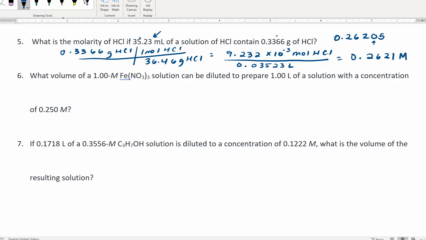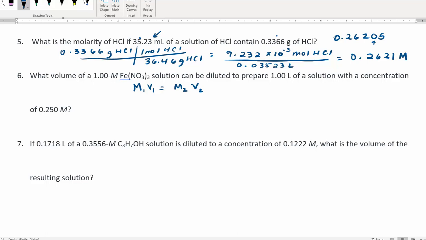Number 6, what volume of 1 molar Fe(NO3)3 solution, so that's iron 3 nitrate, can be diluted to prepare 1 liter of solution with a concentration of 0.25 molar? Well, we need the dilution equation, which is M1V1 equals M2V2. Now, as long as you keep your 1s and 2s together, you should be able to work this out.